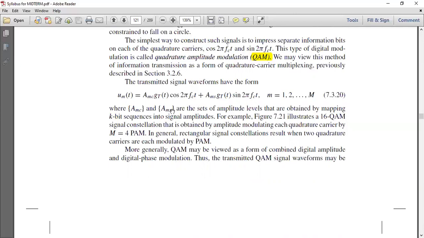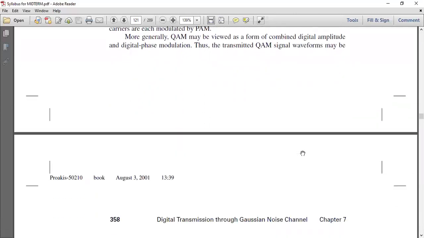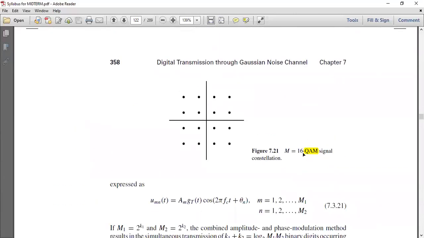A_mc and A_ms are the set of amplitude levels that are obtained by mapping the k bit sequence into signal amplitude. For example, if we look at figure 7.21, this represents 16 QAM. 16 QAM is over here. In this case, it is not a circle, but a square. So amplitudes are changing as well as the phase. So this is the example of 16 QAM.